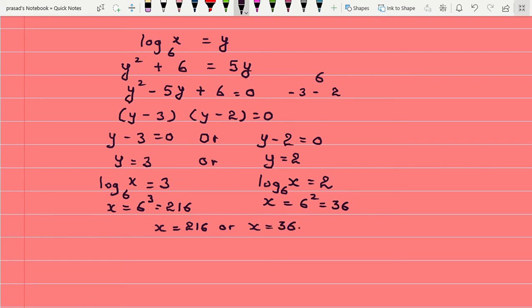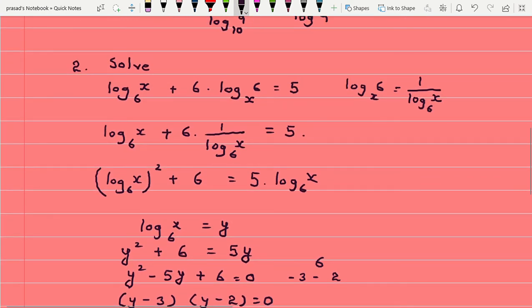Now, I wish the steps are okay with you. So keep this particular hint in mind: whenever the terms in the equation are like this, here log of x to base 6 and here it is interchanged, so log of 6 to base x, in that case, take the reciprocal of log of 6 to base x.